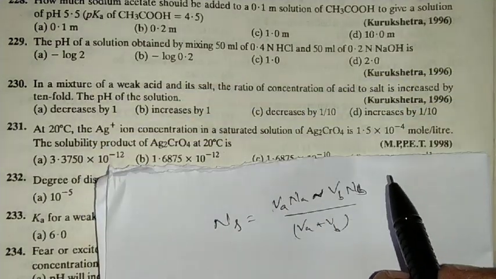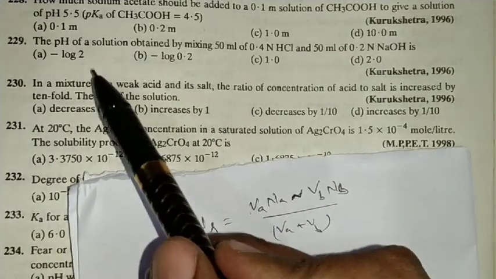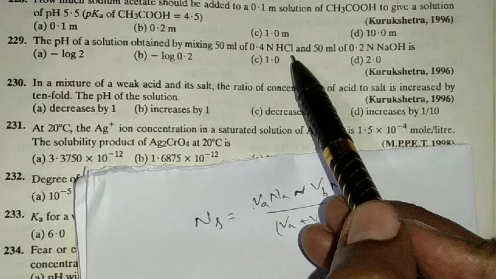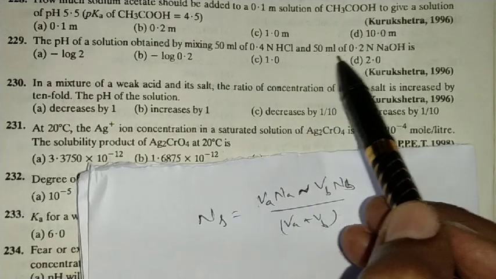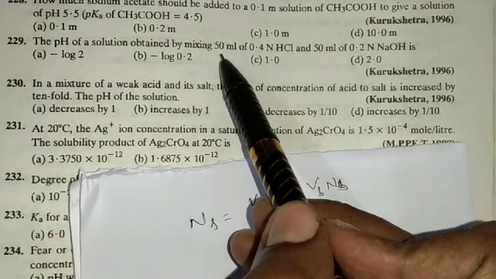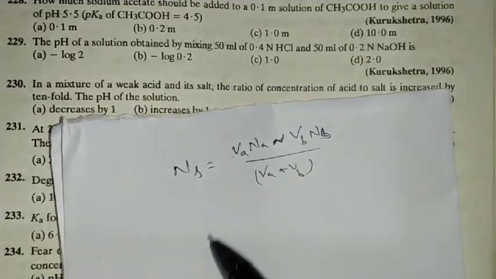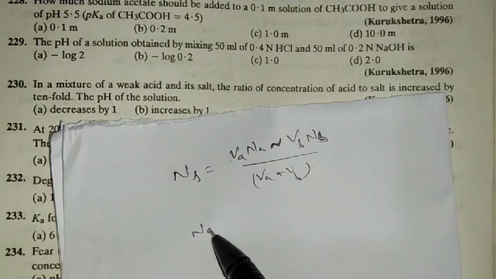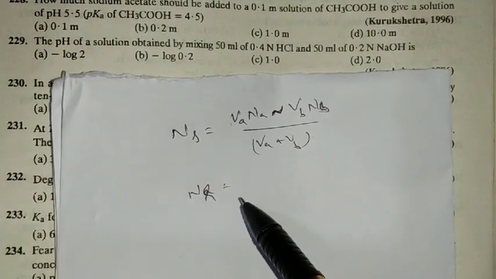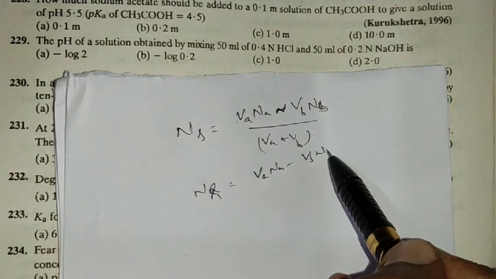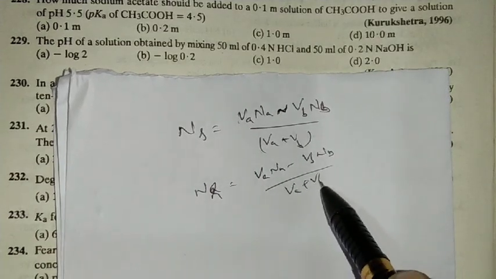Now if you observe here, mixing of 50 ml of 0.4 N HCl, 50 ml of 0.2 N NaOH. In these two, if you multiply, acid value is dominant. That is why we can take resultant N equal to VA NA minus VB NB by VA plus VB.